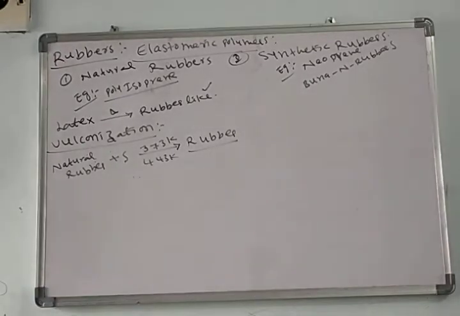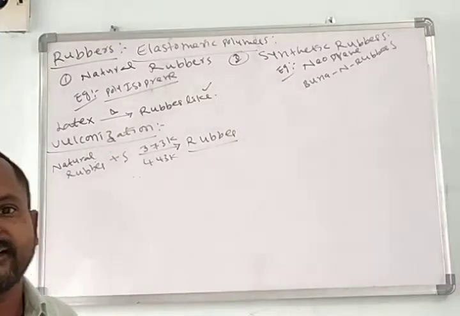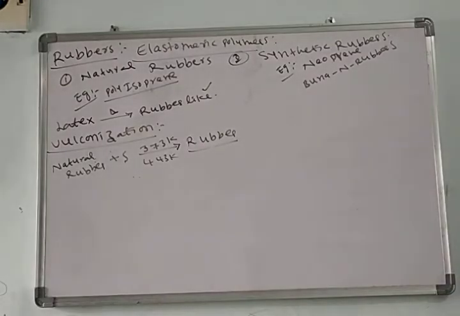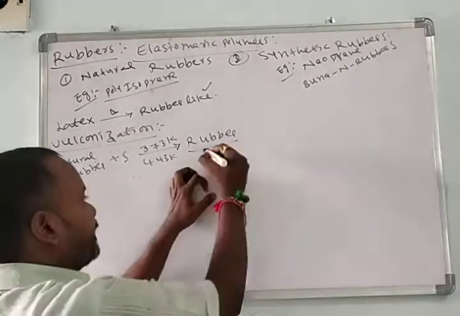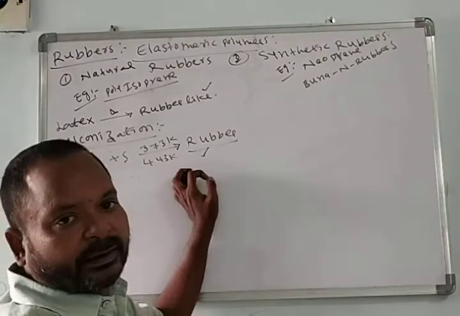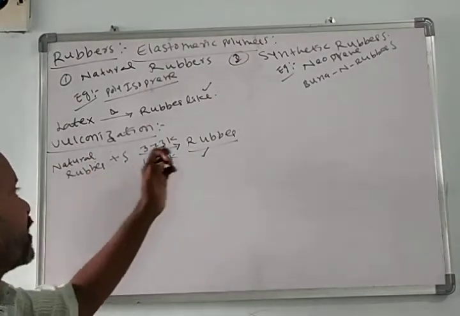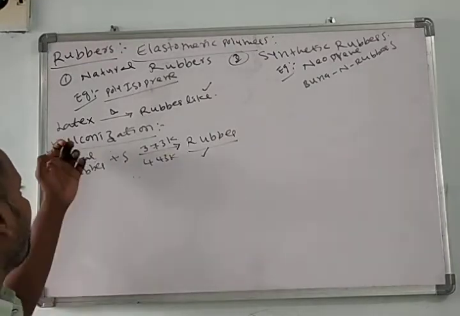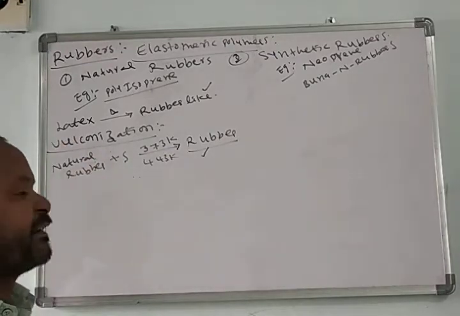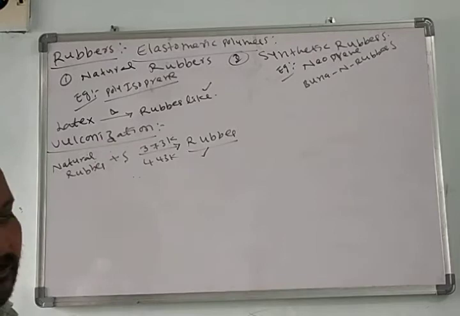This rubber has some branches. By the branches, the stiffness of the rubber increases. This is simply called vulcanization of natural rubber.